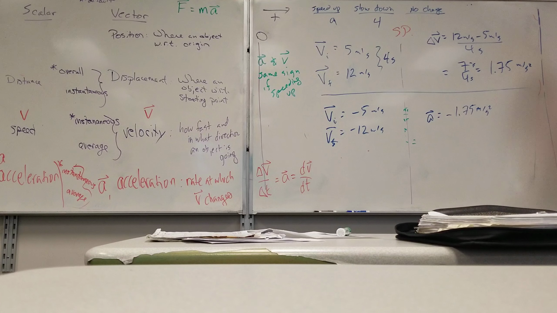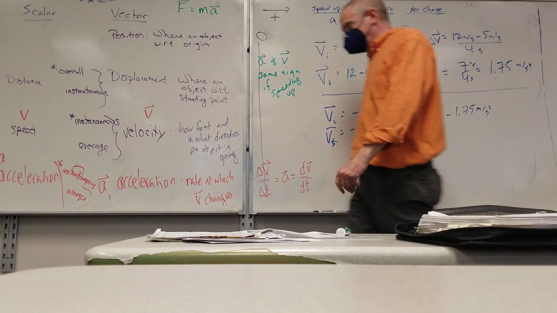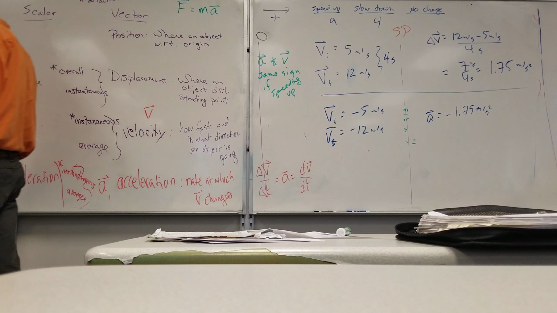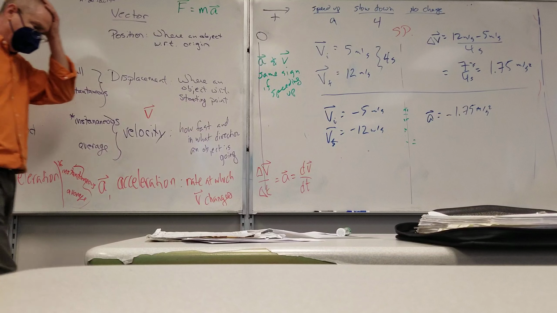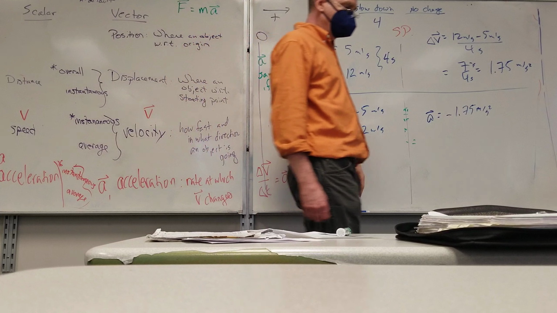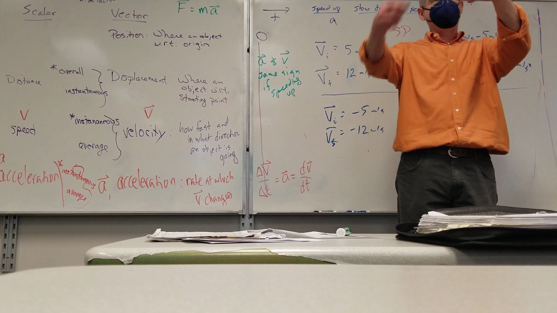My acceleration was negative, as I heard various voices say. I'm going in the negative direction and I slow down. As I slowed down, my velocity was negative, so my acceleration is the opposite.